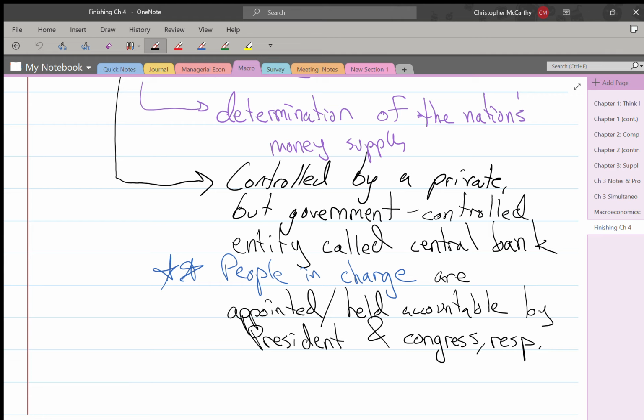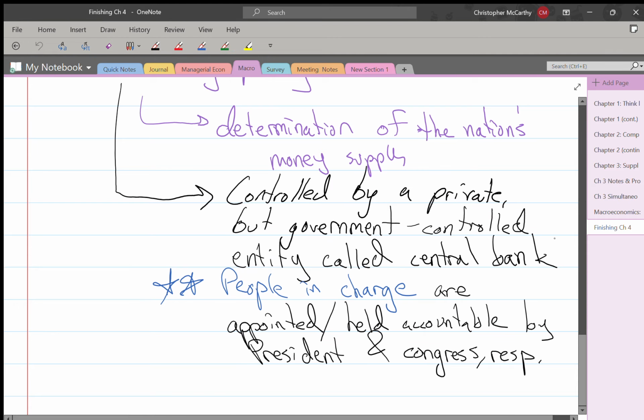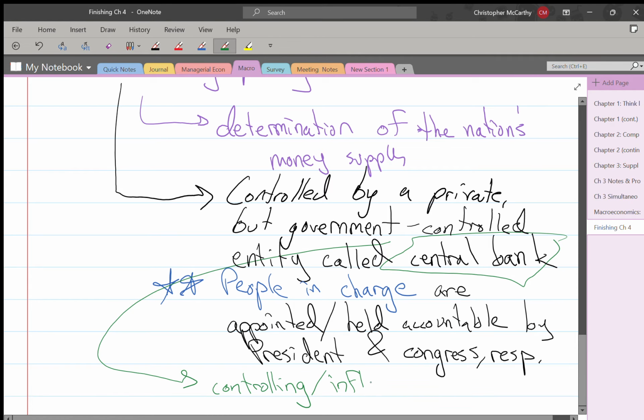So the book talks about how they inject money, whatever, but honestly, they are controlling or influencing those interest rates, which impact a variety of large ticket decisions, right?